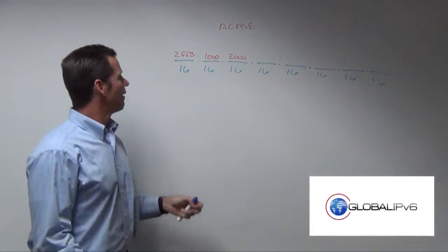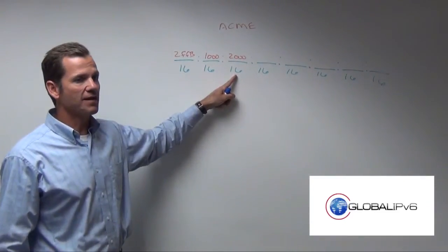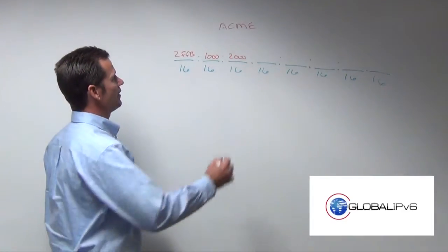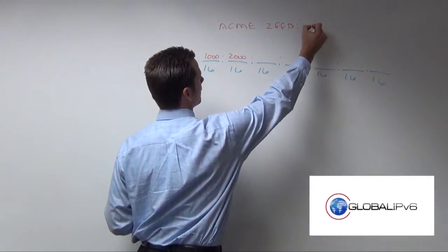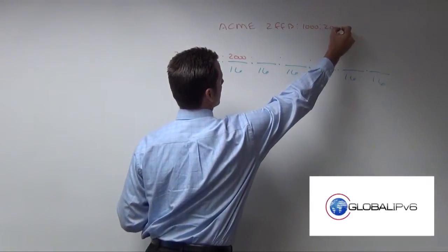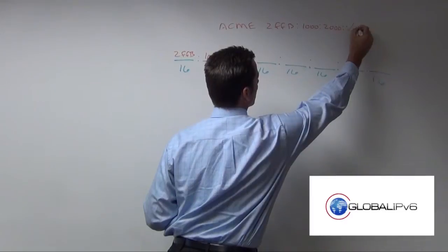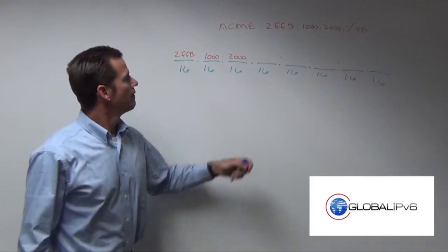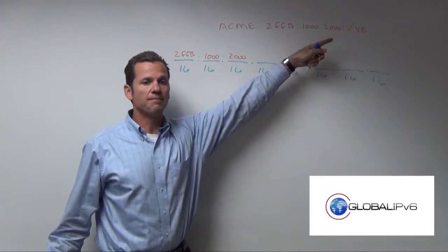Well, if you add this up, 16 plus 16 plus 16 would be 48. So a lot of times this would be written as Acme received 2FFB 1000 2000 /48.